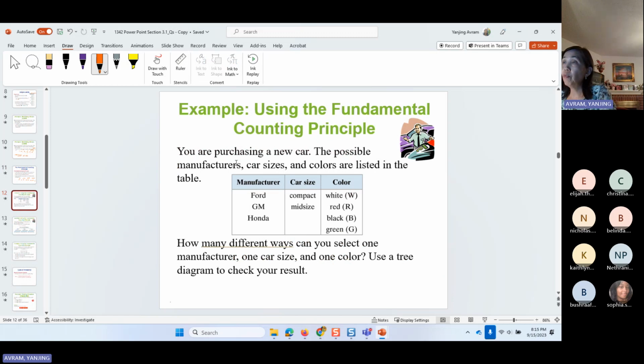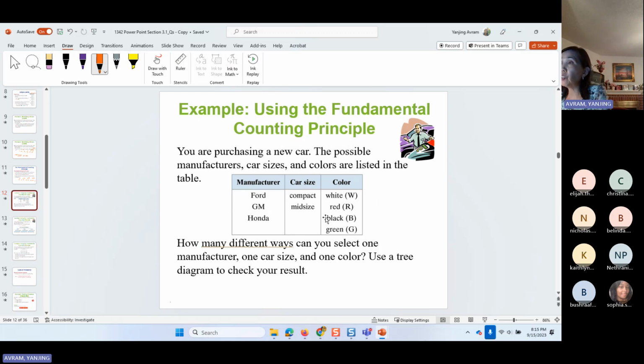All right, in this one, you are purchasing a new car. So you have this many choices. You have a manufacturer choice: the Ford, the GM, the Honda. Then for the car size, you have a compact and a mid-size, and then you have different colors to choose from.